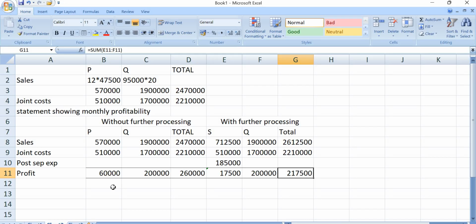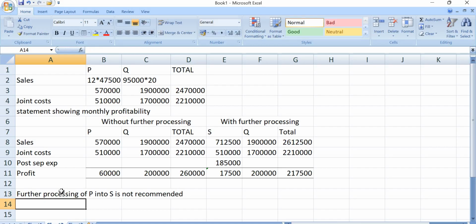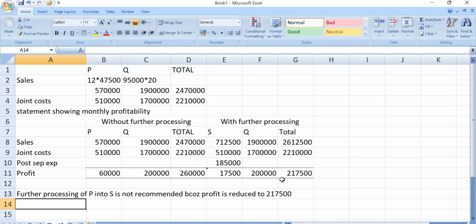So further processing of P into S is not recommended, because the profit is reduced to 2,17,500.